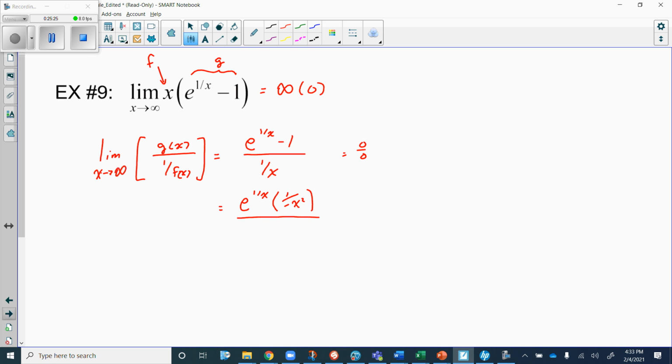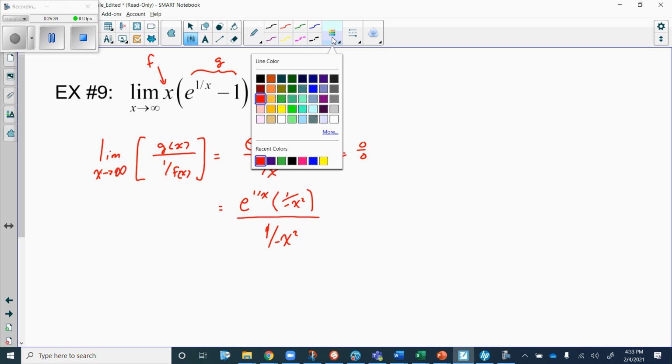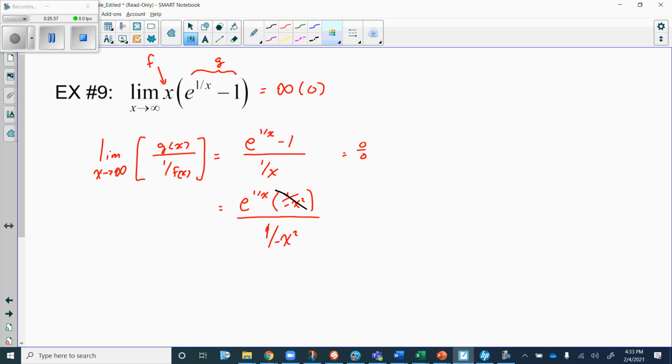If I take the derivative of the denominator, I wind up with 1 over negative x squared. By doing L'Hopital's rule, the expression simplifies to 1, leaving me e to the 1 over x power by itself. If you plug in infinity, you wind up with e to the 0 power, which is 1.